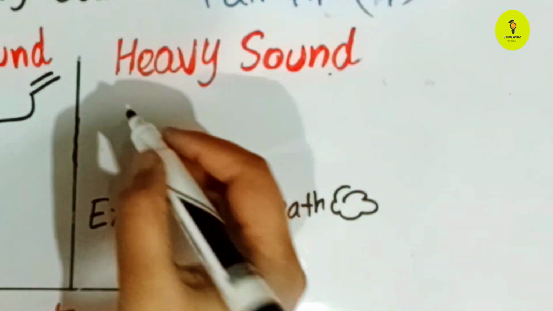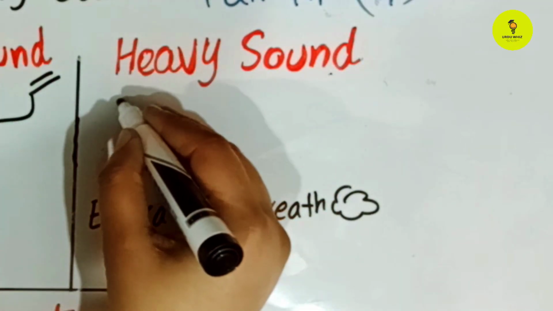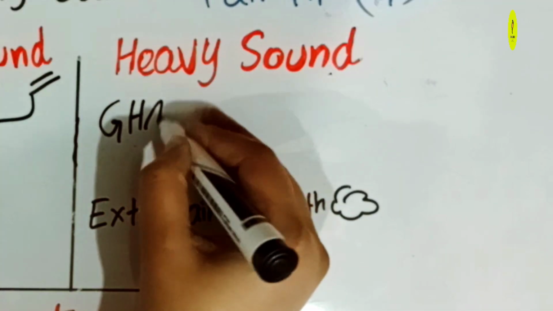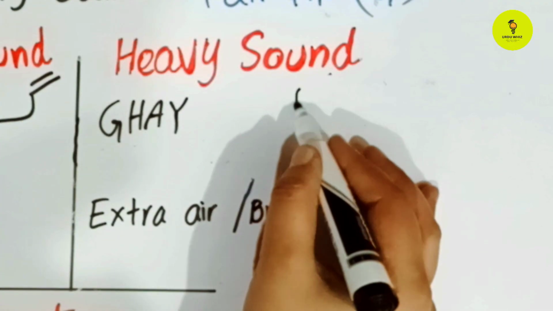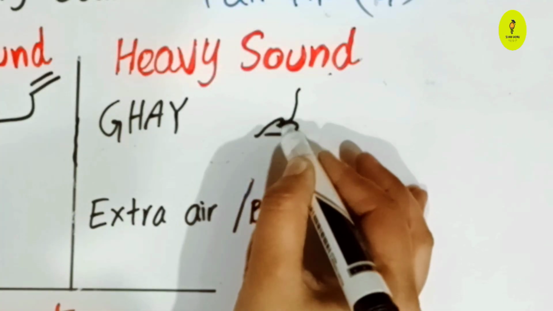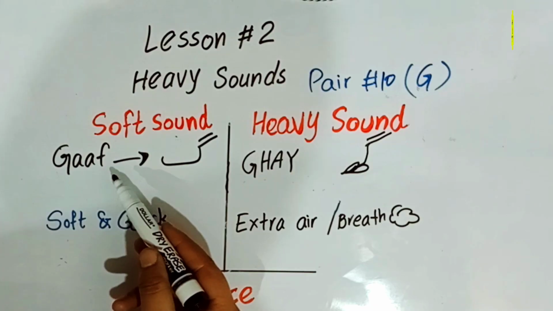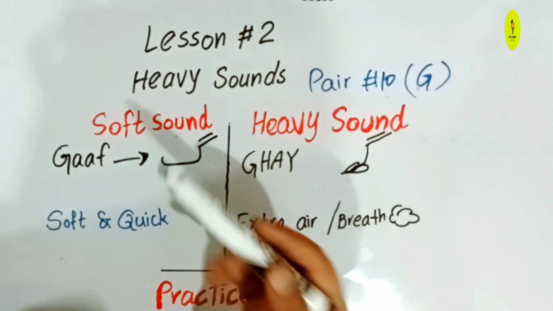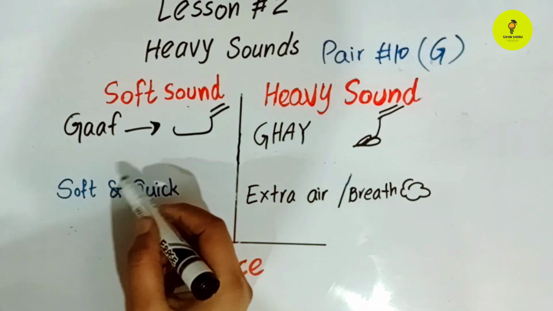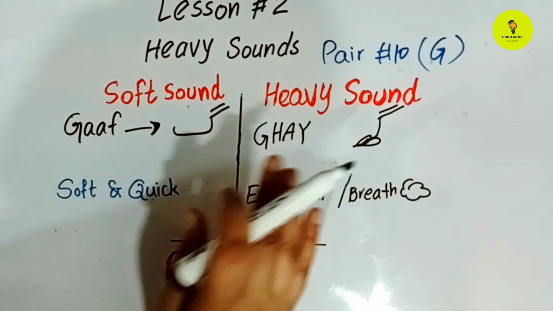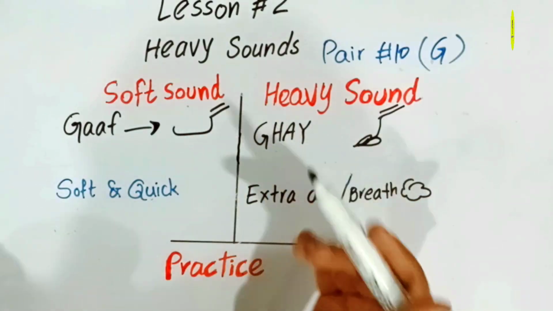But its heavy sound is Ghay. Its Urdu is just like the K. This is Ghay. Gaaf, Ghay. The soft sound of Gaaf is soft and quick, but the heavy sound is with extra breath or extra air.